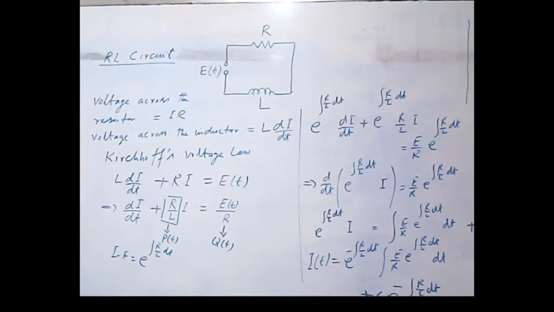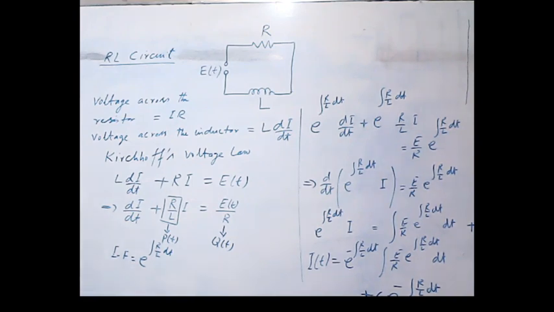This is linear in I, where I is the current. So in mathematics we use general y and x, but in circuit theory our parameters change from y and x to current, resistance and EMF, voltage.